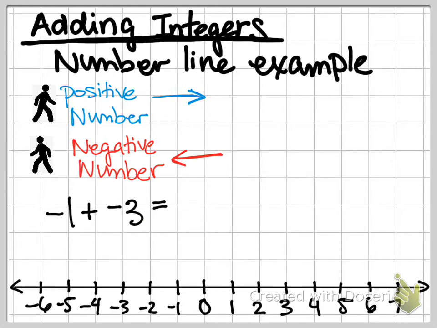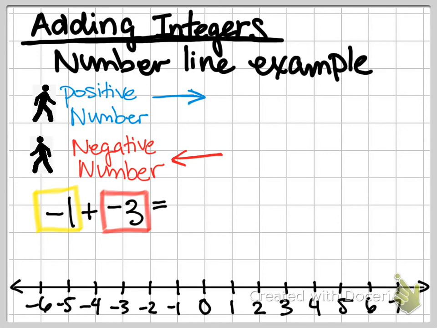Here's another example. So this time we have 2 negative numbers. This -1 tells us our starting position. And the second number is going to tell us what direction our person is facing and how many spaces they need to move. So I know I'm starting at -1. And I also know that I need to copy the bottom person.